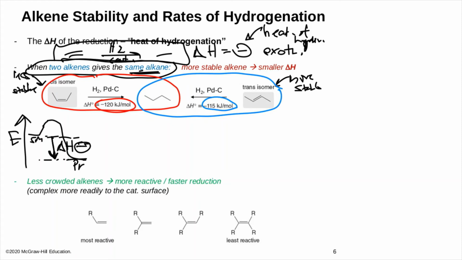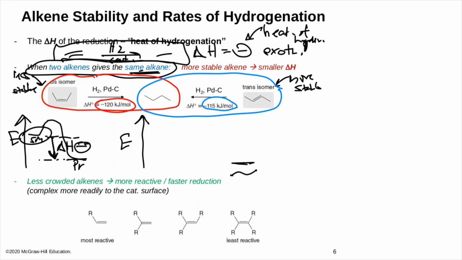We can go back and we can use this knowledge to set up an energy diagram to figure out which starting material is at higher and lower energy. And we're going to work backwards because the product is always the same. The product was butane. Okay, so we know butane is the product of both. It's always at the same energy.